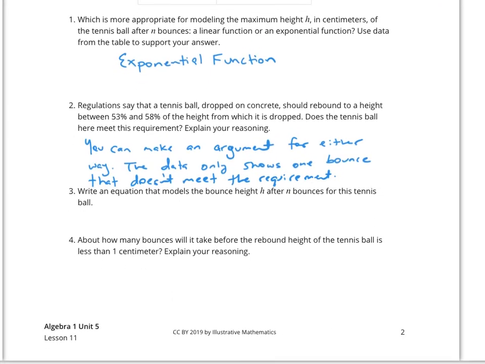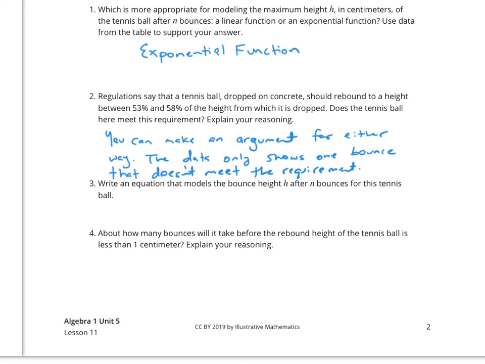Personally, I would probably go with about 1/2 because they're all fairly close to that number. So one equation could be h equals 150 times 1/2 to the n. But again, you could also use different numbers just as long as it's within that realm.